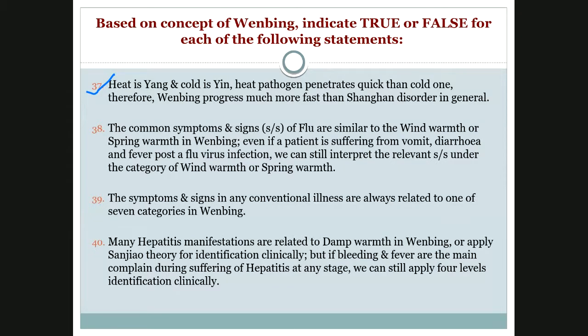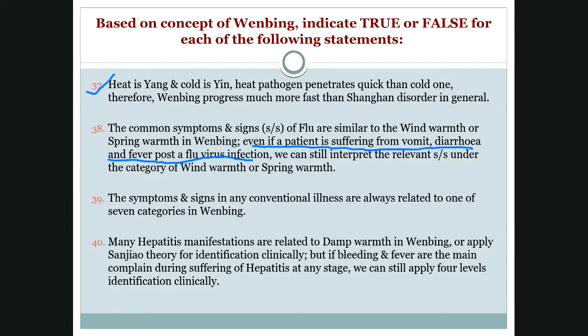The whole statement is twisted. From here, the whole focus changes. So what is this? This is damp heat, not wind heat: vomiting, diarrhea, and fever. It's damp heat.